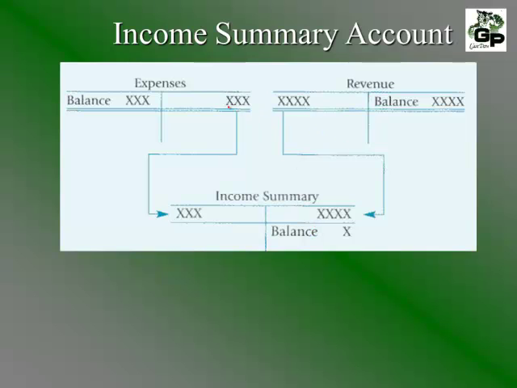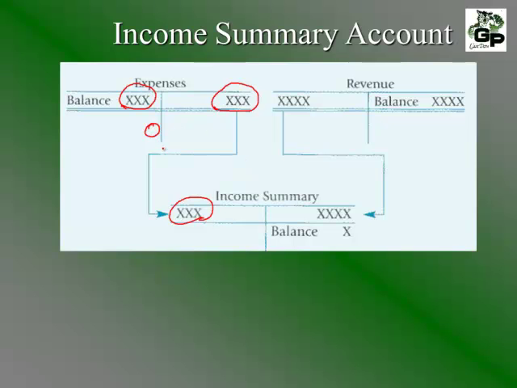The same thing happens with the expenses. Expenses have a balance that is a debit balance. In order to zero it out, we have to add the opposite to the expense accounts, which means that we have a zero balance. This expense amount gets transferred to the Income Summary Account, which we see here.